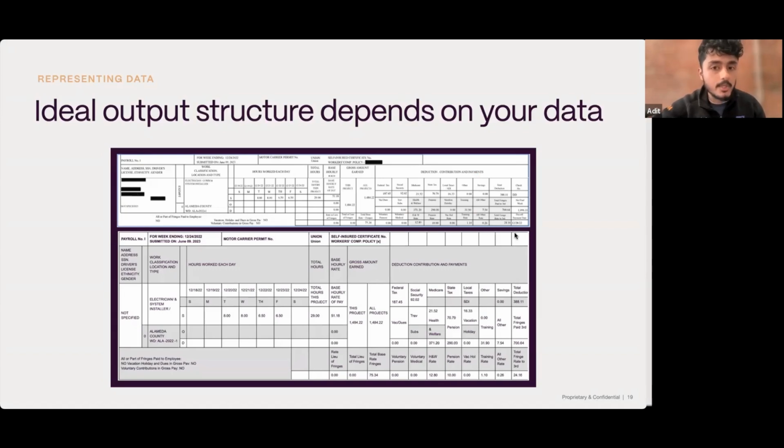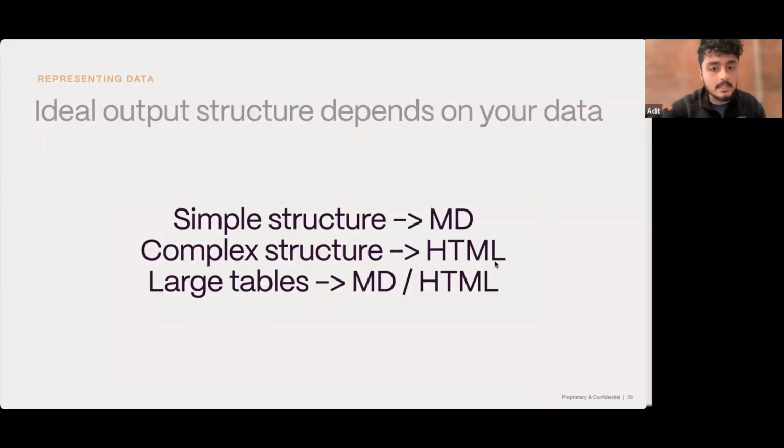This document has a lot of merge cells, it has some empty cells, and trying to encode that into a Markdown structure that doesn't have clean merge cells is going to lead to less dense information for the model to reason on. So what we see is that for simple structures, Markdown is great because it encodes that information simply. For more complex structures, HTML, especially HTML paired with an image alongside it, can be really helpful.